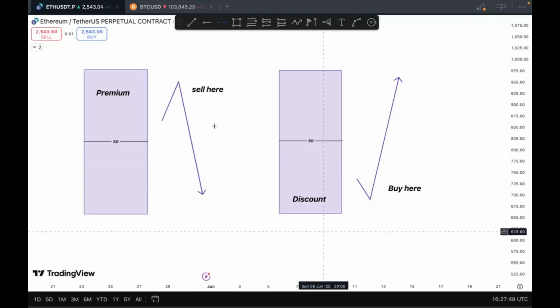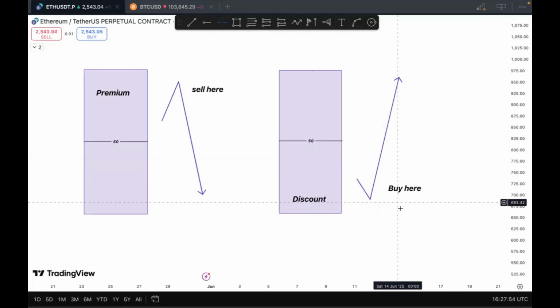So what did I say again? Recap: you sell at the premium of the Fibonacci retracement tool and you buy at the discount of the Fibonacci retracement tool. Take note of that.